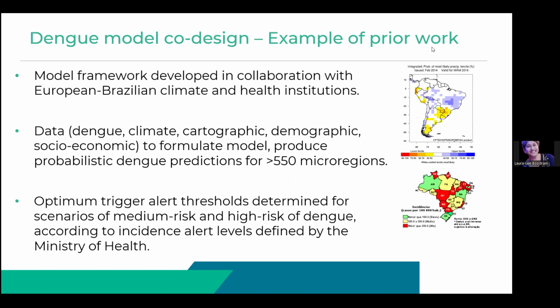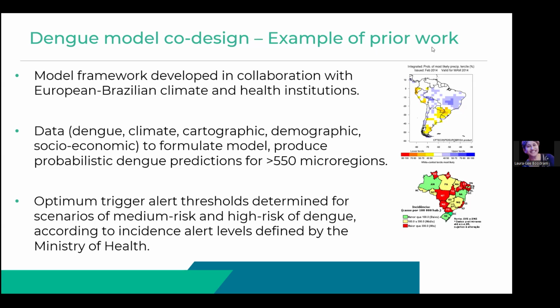In terms of some of the initial work that was done in the early days, I'm just giving the example of Brazil, that particular model, and it was a dengue early warning system model, was developed in conjunction with the Ministries of Health in Brazil, as well as their meteorological services. And they used dengue data, climate data, cartographic, demographic data, socioeconomic data as well to formulate that particular model.